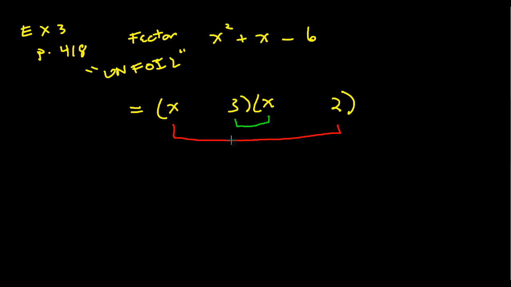If I have a plus 3x and a minus 2x, indeed x times minus 2 is minus 2x. And the inner product, x times 3 is plus 3x. And I get plus 1x, or x, which is what I need here.